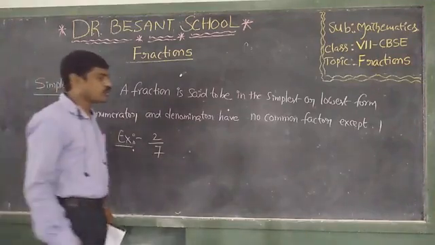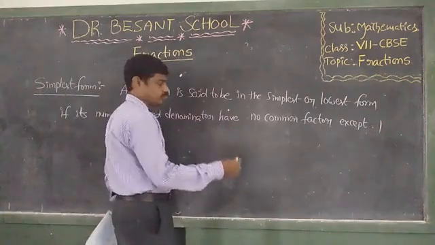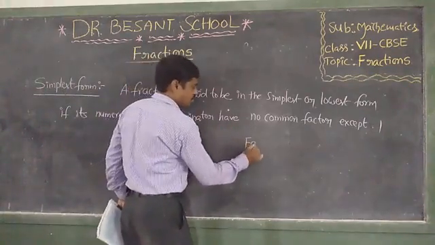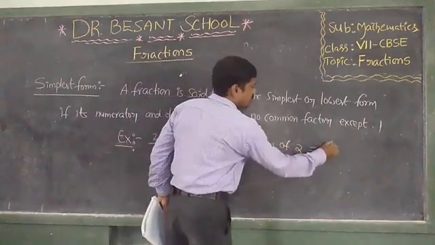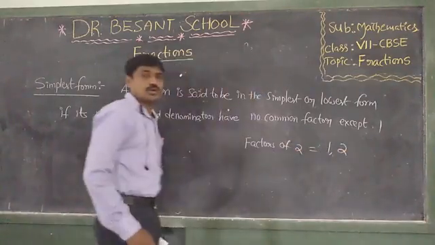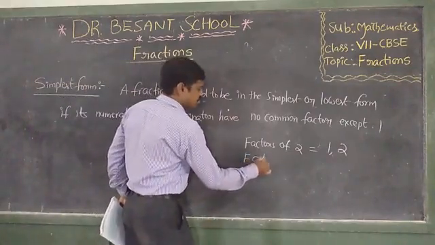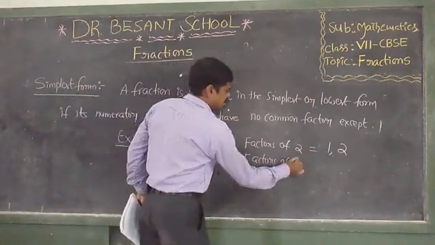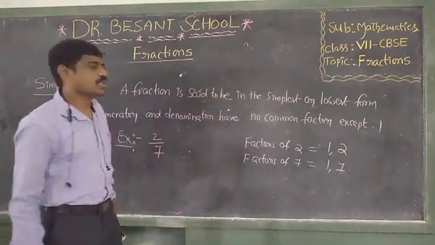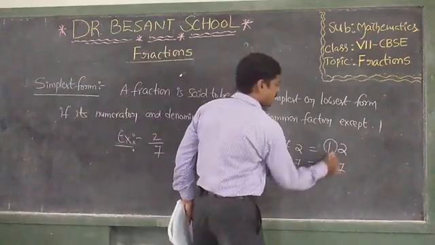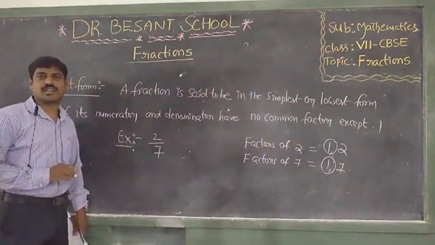See, factors of 2: 1 and 2. 1 2s are 2, 2 1s are 2. Factors of 7: 1 7s are 7, 7 1s are 7. So what is the common factor? 1 is the common factor, no other common factors.